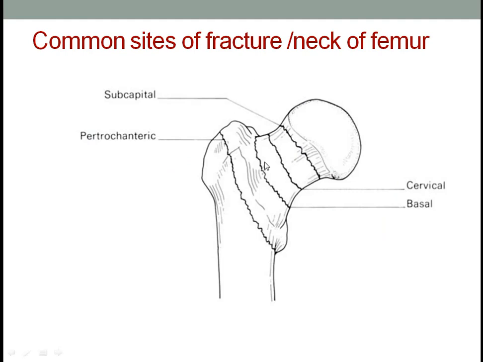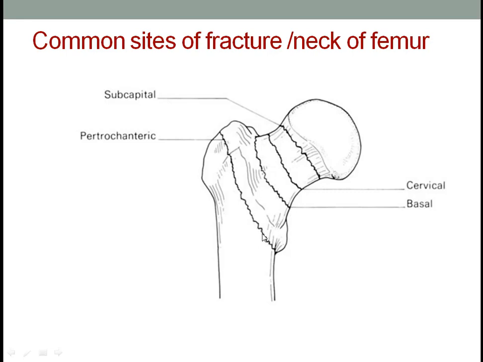Also, this is a common type of fracture, the fracture of the neck of femur, which includes the one under the head, we call it subcapital, and the one here in the middle of the neck, we call it transcervical, or it could be at the base of the neck, and we call it basal.